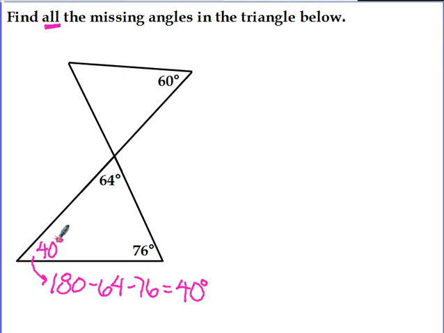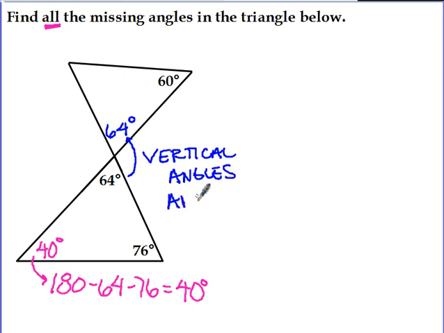Now this triangle only has one angle, but hopefully you remember that these are going to be equal. These are called vertical angles. And again, we learned about vertical angles way back in September, but vertical angles are congruent. That means they're the same, or equal.